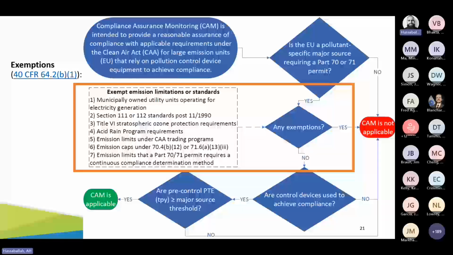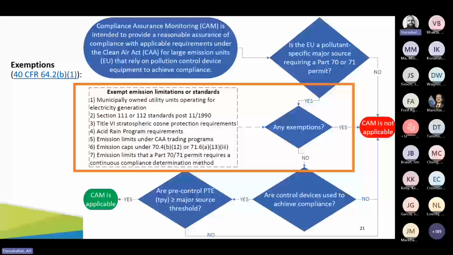The orange box lists a summary of those exemptions in an order of not priority per se, but commonality. At the top of the list, municipally owned units for the purposes of electric generation are exempt.